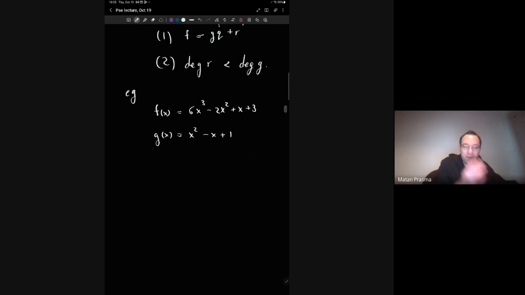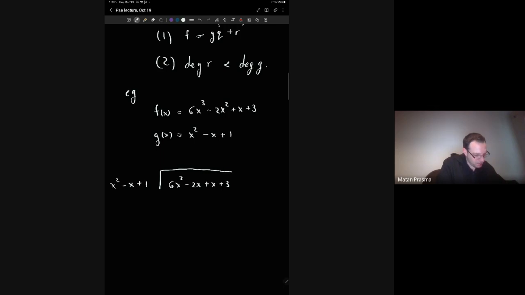So I will use the notation of long division of integers. So I put f here, and here I put x squared minus x plus 1.